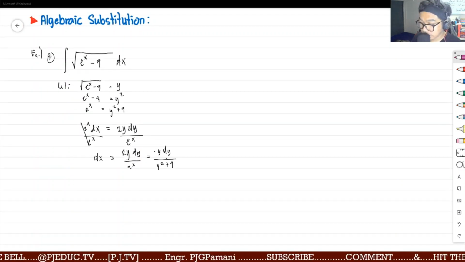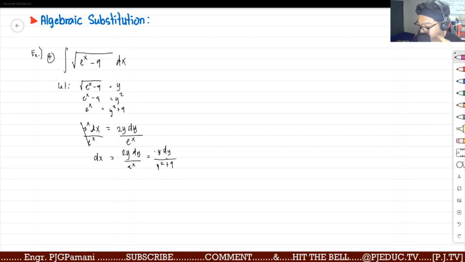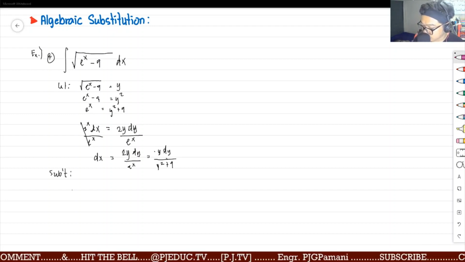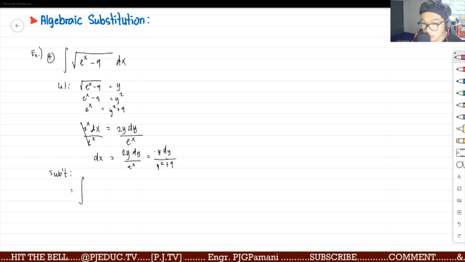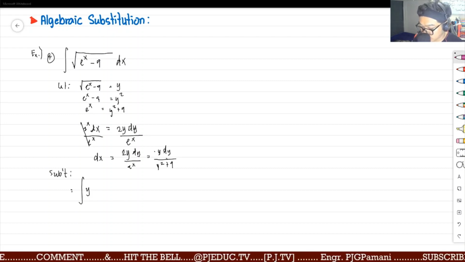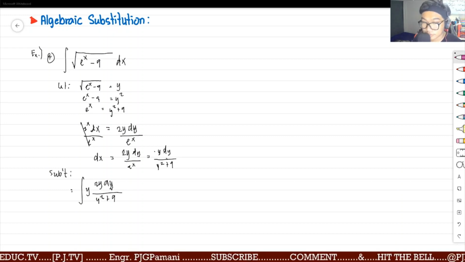So from that, ano gagawin na natin? Substitute na natin siya doon sa ating original form. So by substitution, you're now going to integrate what is the square root of e raised to x minus 9 is simply equal to y. Dx is now equal to 2y dy over y squared plus 9.